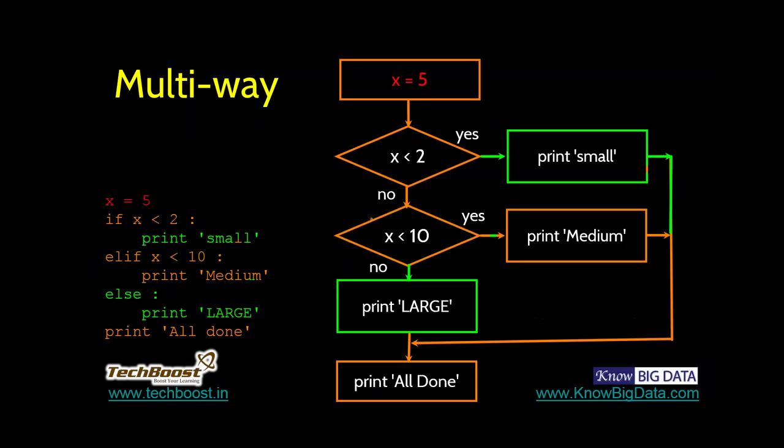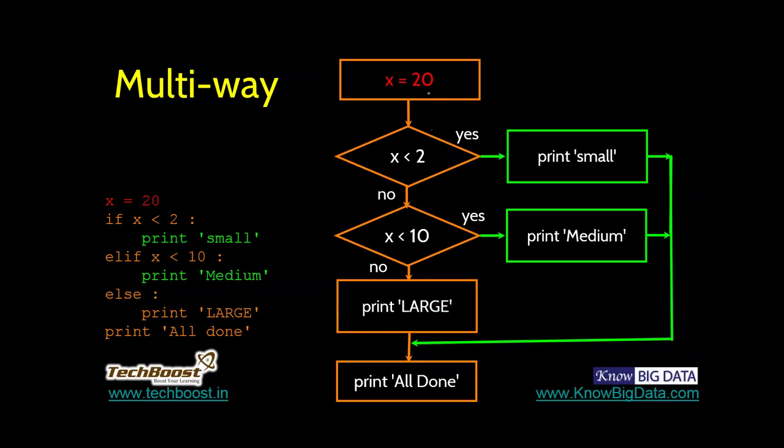Now, if we take an example of x is 5, 5 is not less than 2, right? So it does not go here. It goes to the next check, which is under elif. Yes, it prints medium, and see, it directly again goes out of this conditional execution and prints all done.